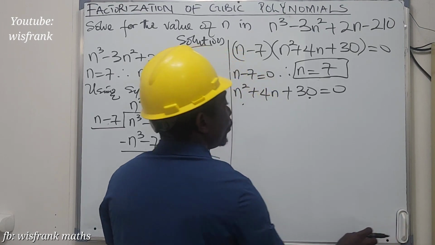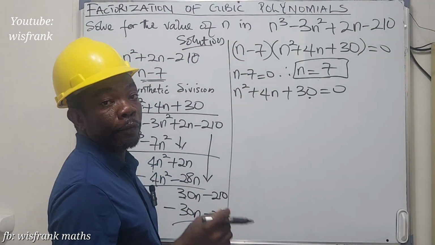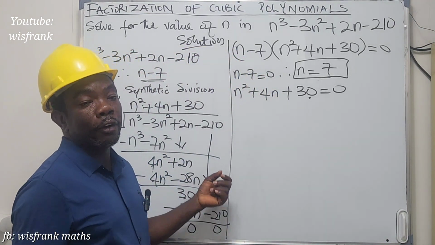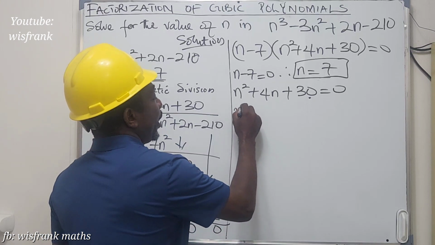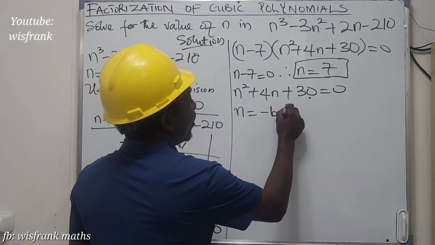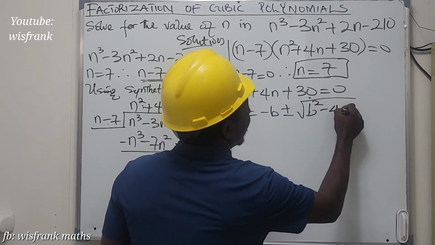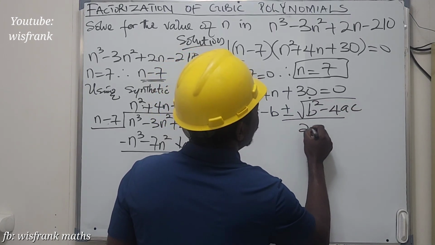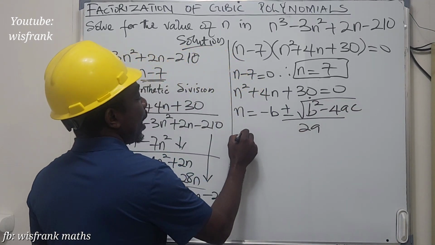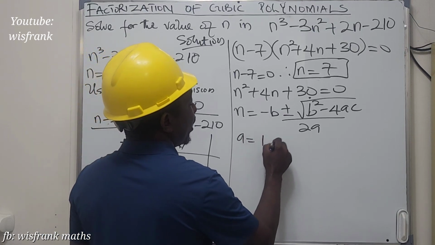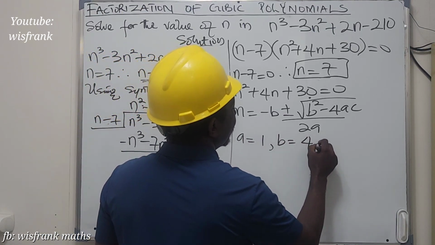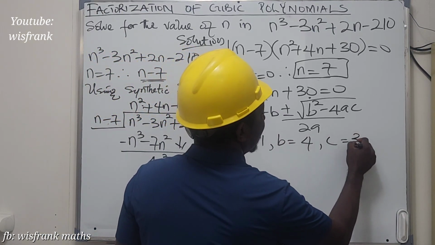So what we are going to do is use the quadratic formula to find the value of n. The quadratic formula is n equals minus b plus or minus square root of b squared minus 4ac, all over 2a. In this case, our value of a equals 1, our value of b equals 4, and our value of c equals 30.